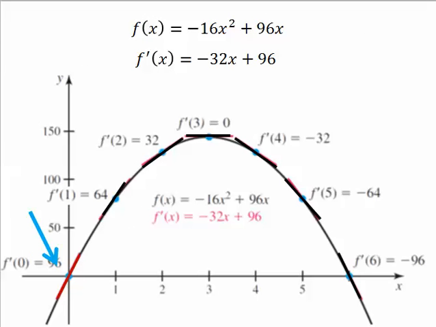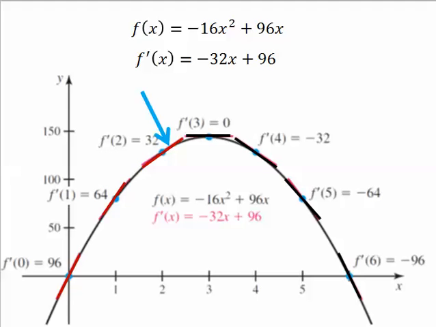If I were to graph it, it also tells me the slope of the tangent line. When time is 0, the velocity is 96 feet per second, exactly what we would expect it to be. At time equals 1, the velocity is 64 feet per second, a positive slope.